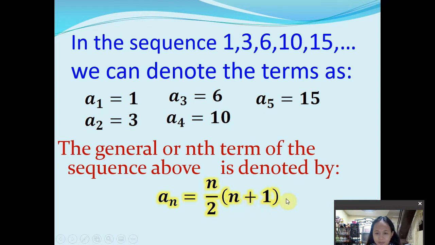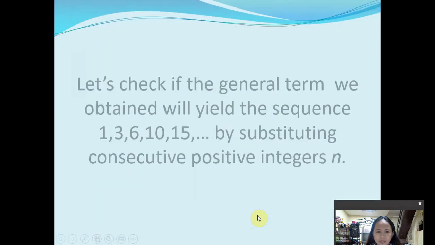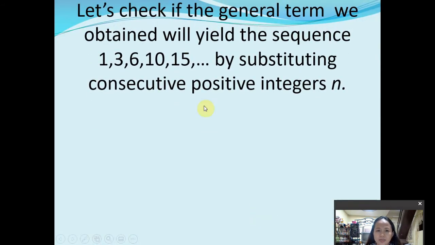So this is our formula or the general rule that we are going to use to find the desired term for this particular sequence. Okay, let's check if the general term we obtained will yield the sequence 1, 3, 6, 10, and 15.